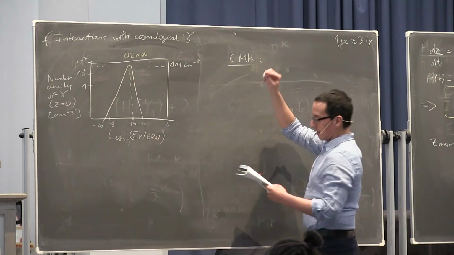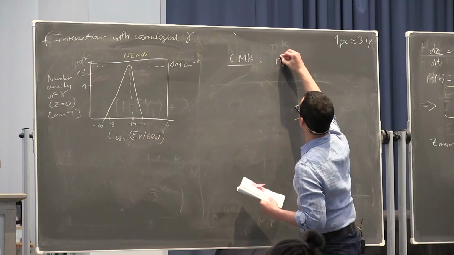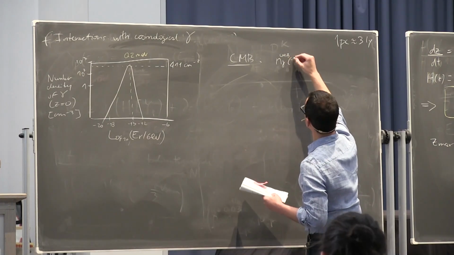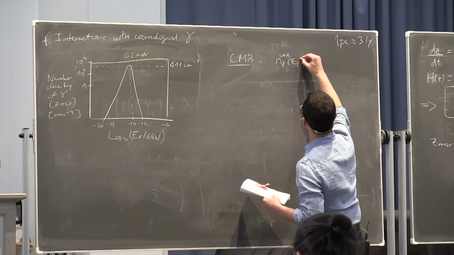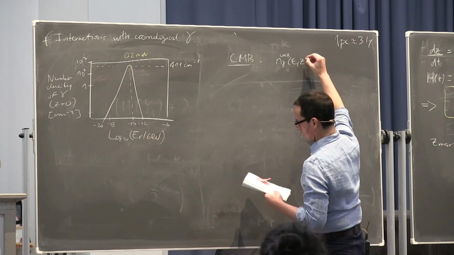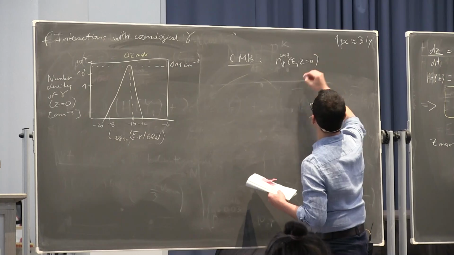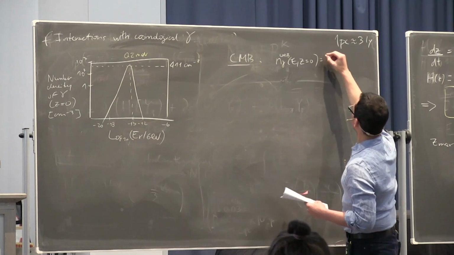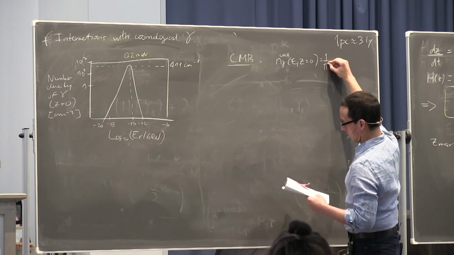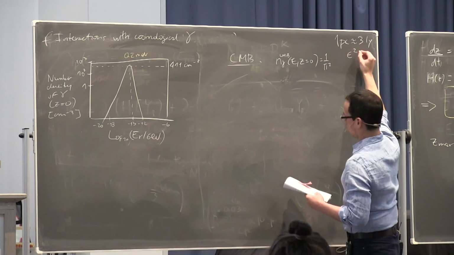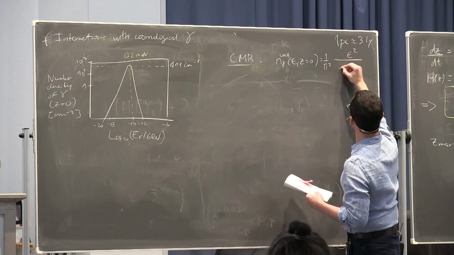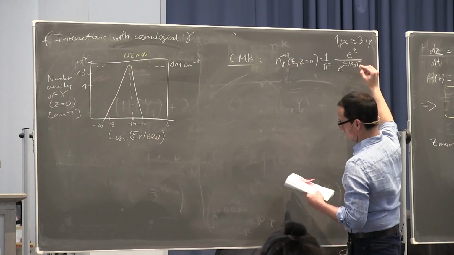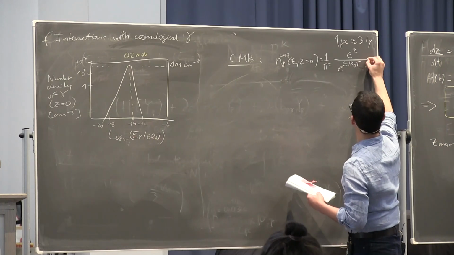Okay, so for the CMB, this is, as I said, a black body spectrum. So I'm going to write it like this. At z of 0, so this is in the local universe. Actually, here, 1 over pi squared, epsilon squared, Boltzmann constant, minus 1.